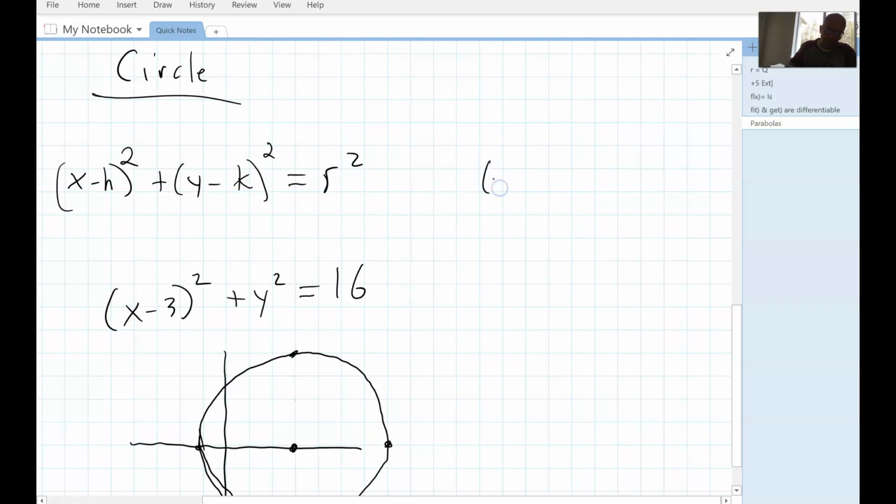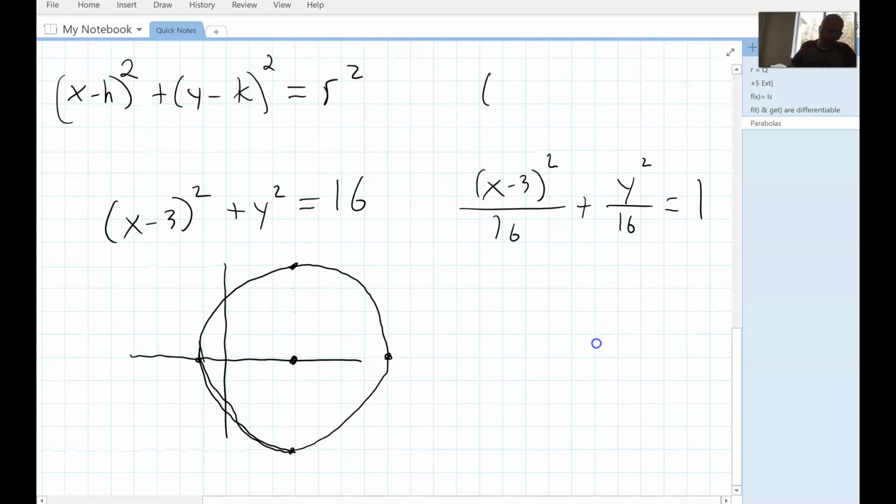Now, sometimes what we'll do, especially for right now, it wouldn't be startling for you to say that I could have written this as x minus 3 squared over 16 plus y squared over 16 is equal to 1, right? Just by dividing both sides by 16, you'd get that. So in other words, you could also think of this in general as the circle like this.